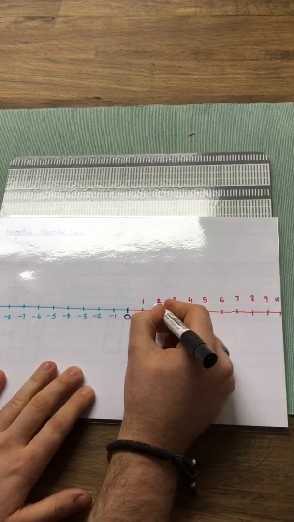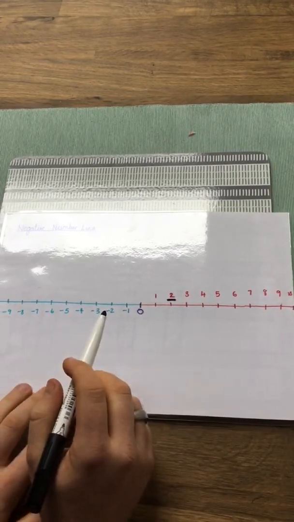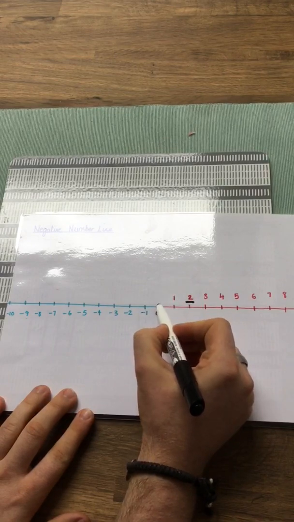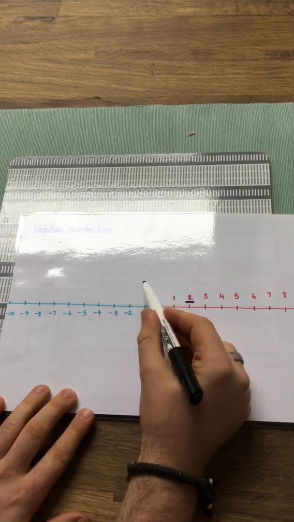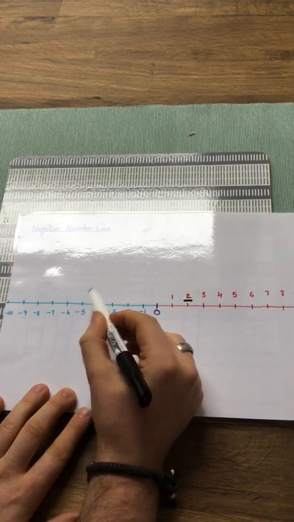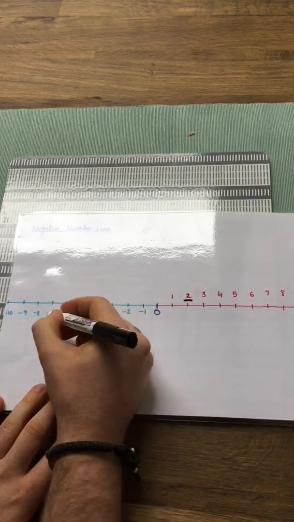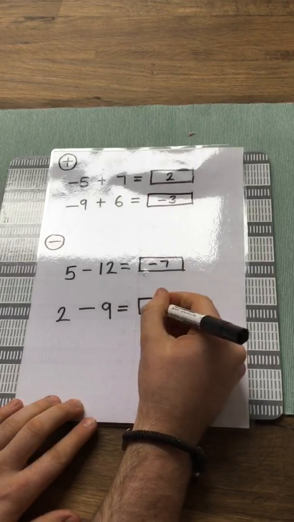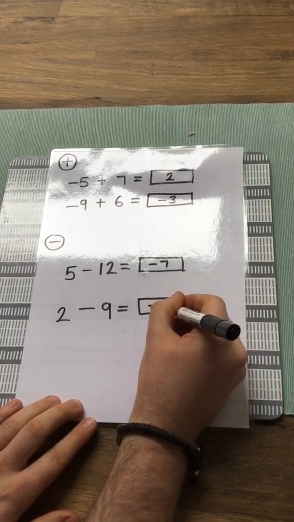Okay, so we're starting with 2 and we're subtracting 9. So 1, 2, I'm not forgetting my 0, 3, 4, 5, 6, 7, 8, 9. Oh, a bit like last time. So it ends up at negative 7. Okay, so 2 subtract 9 equals negative 7.